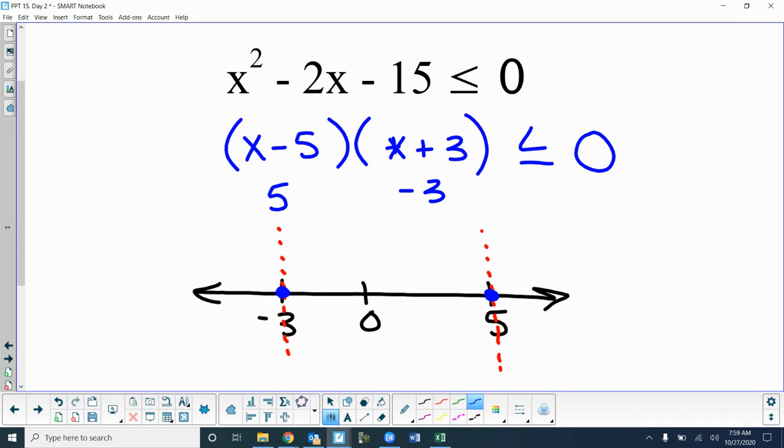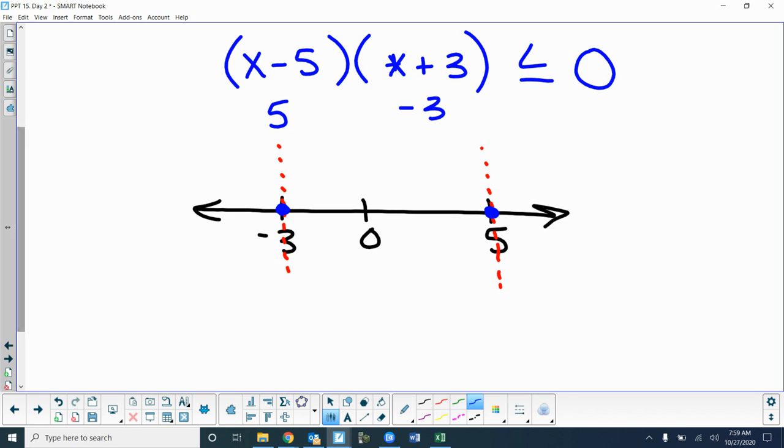So there's 3 test numbers we have to do. Okay? So I always pick the numbers right to the left of them. All right? So, or, right after. So I would use -4 to test this side. I'd use +6 to test this side.